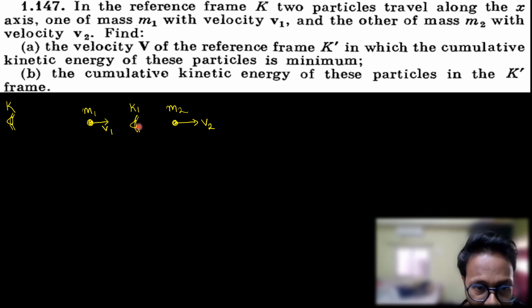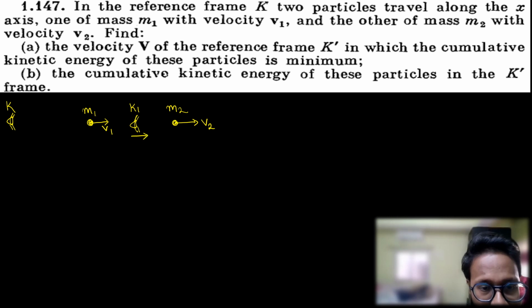So according to this observer, the total kinetic energy of these two particles should be minimum. Understood? So the question is asking: find the velocity of this observer.